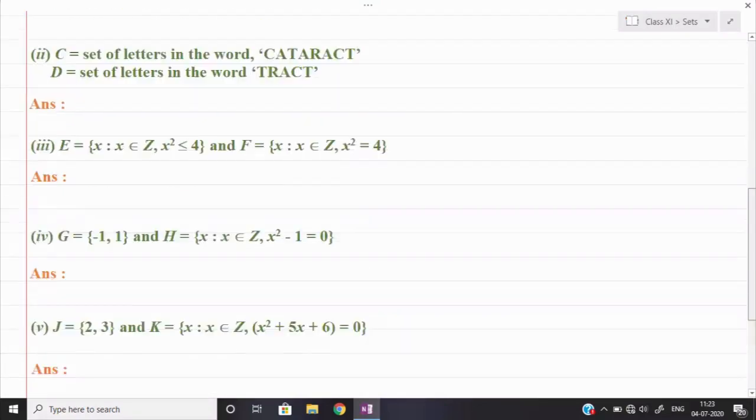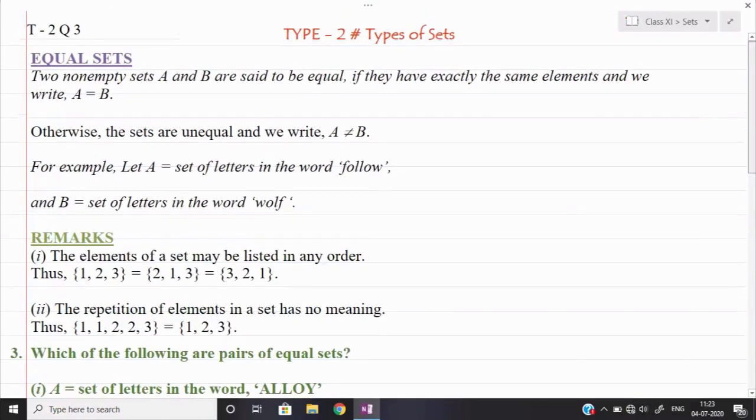In the third question, what we have been given, first of all, we shall see once again the type of set that is called an equal set. Equal set means what? Two sets will be called equal if they have exactly the same elements.